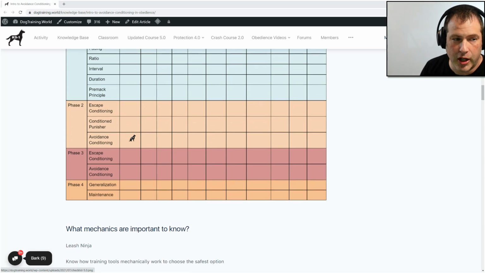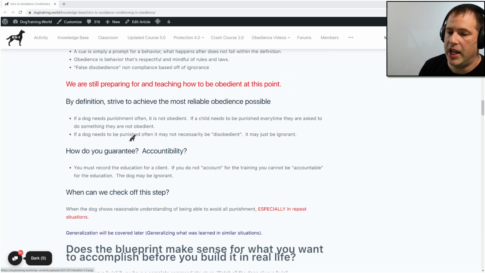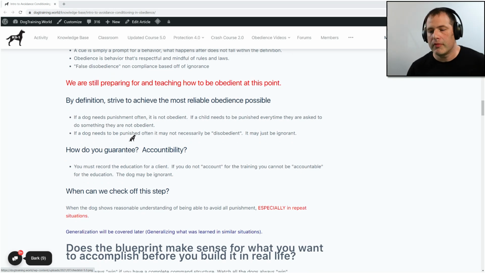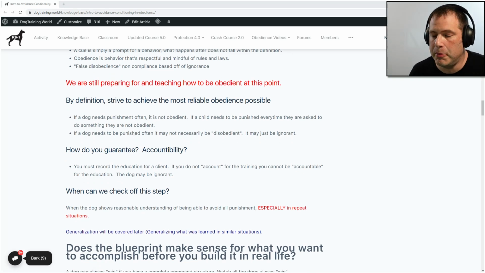In my case, if I was training the dog myself for a client, and I was guaranteeing it and I had a contract, I had those checklists filled out. If you do not, this is a repeat, refresh yourself on the ethics lessons. If you want to be accountable, you have to account for the training. It's the only way to do it.